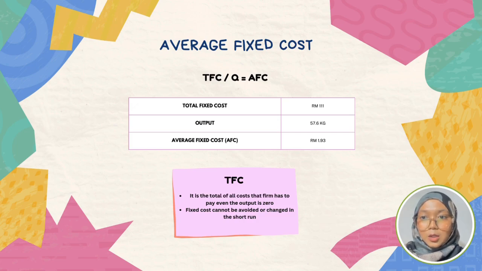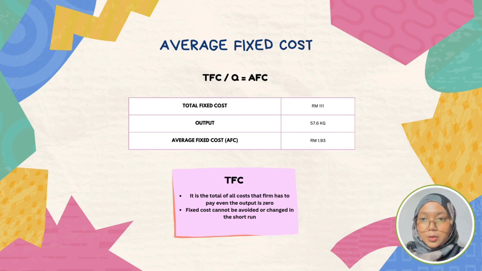AFC tells us how much of the total fixed cost is assigned to each unit of output. Even if production is zero, the firm still has to pay the total fixed cost, TFC. This includes expenses like rent, salaries of permanent staff, and equipment costs, which don't change based on the level of production.